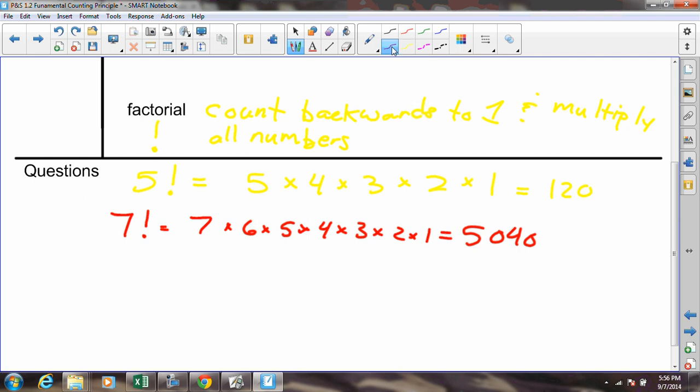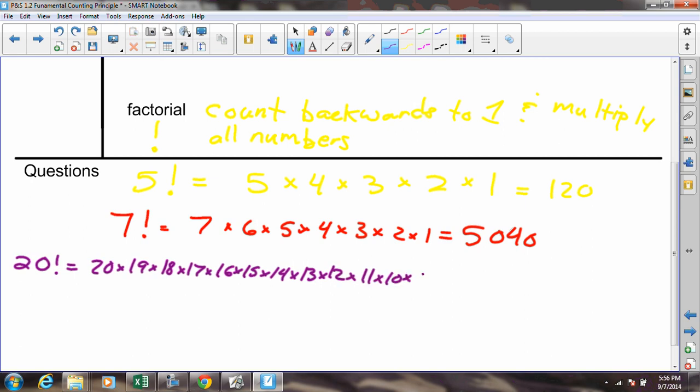Now imagine for a second that we have a third one, 20 factorial. Well, counting backwards, 20, 19, 18, 17, 16, 15, 14, 13, 12, 11, 10, 9, 8, 7, 6, 5, 4, 3, 2, 1.